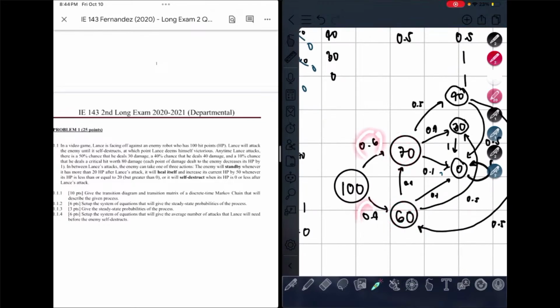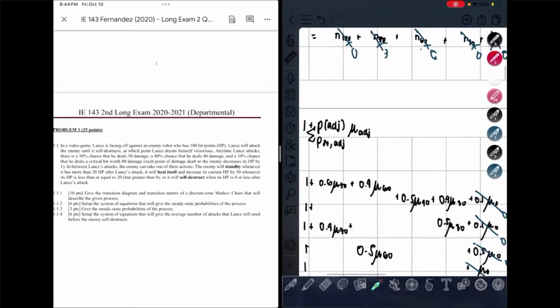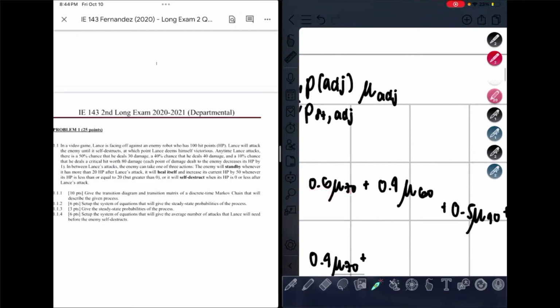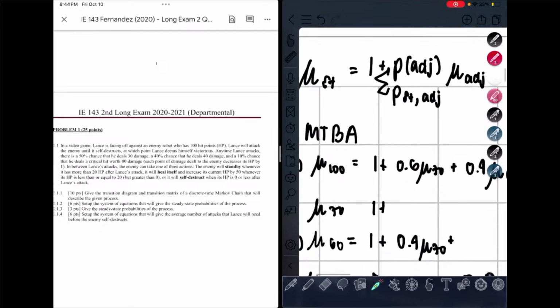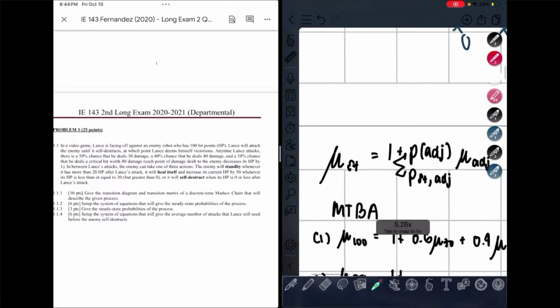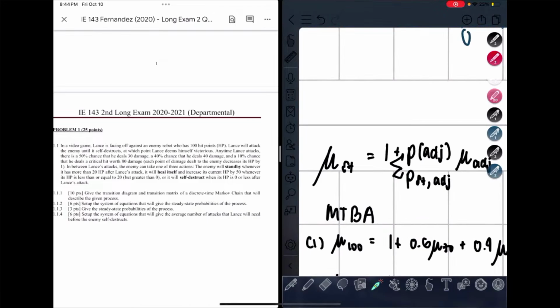Probability is 0.6 and 0.4 respectively. So we just plug that in. Probability to go from state 100 to 70 is 0.6, so 0.6 times mu 70. And then the probability to go from state 100 to state 60 is 0.4, and then you just have mu 60 here. So this is technically the main equation that you're solving.